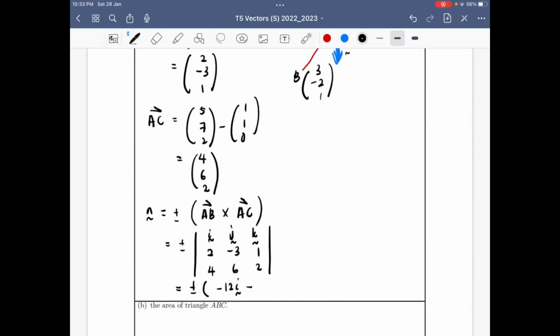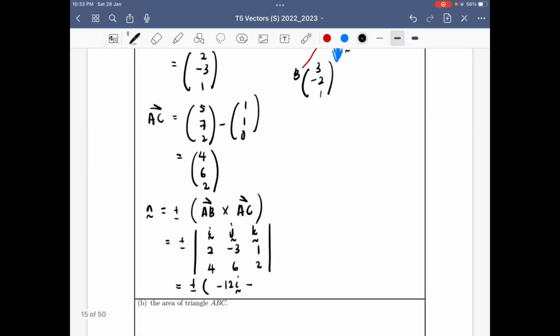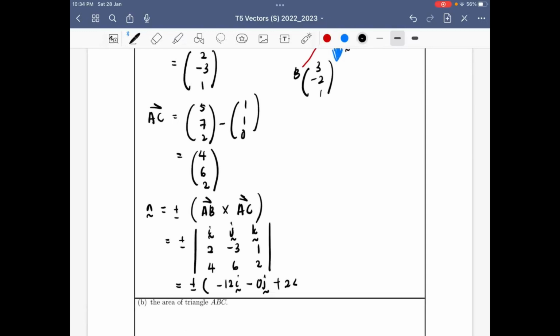Then negative, if you close the j part, you get negative 4 minus 4, which is 0j. Plus, you close the k part, you get 12 minus negative 12, so 12 plus 12, which is 24.